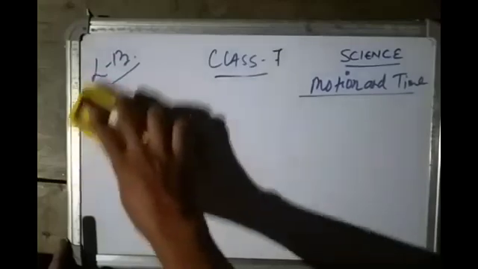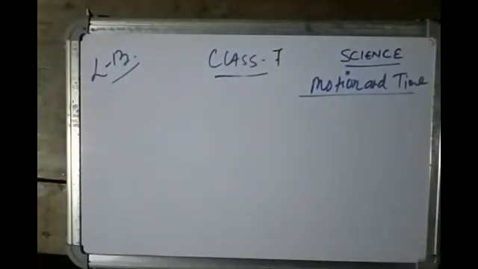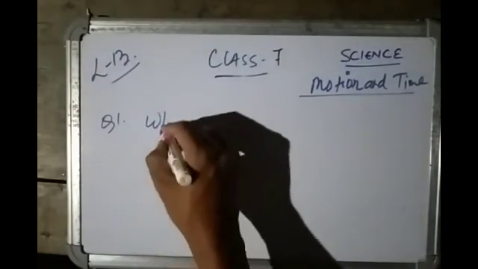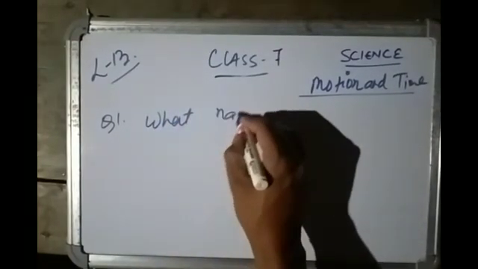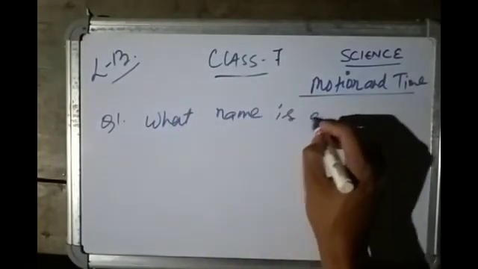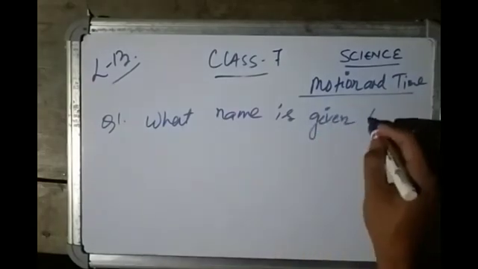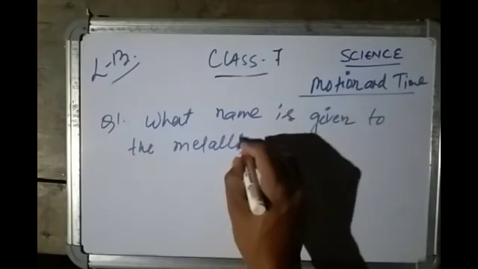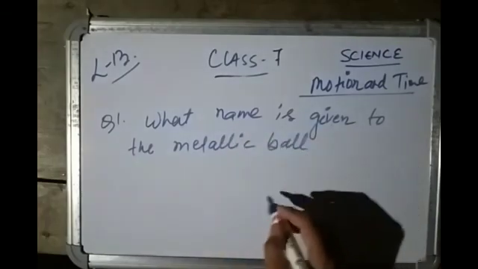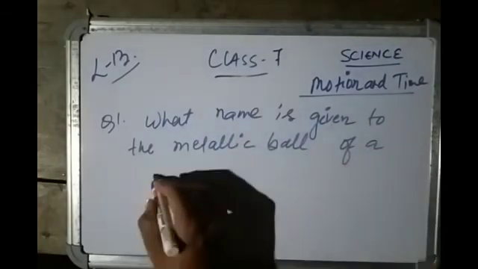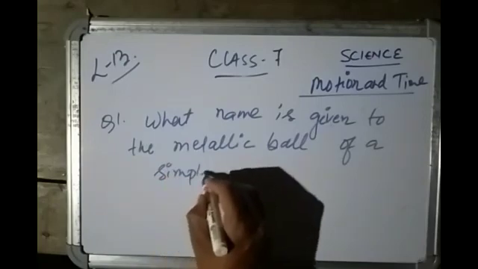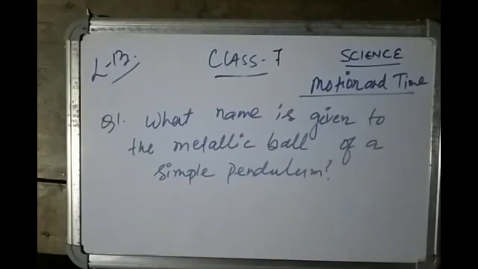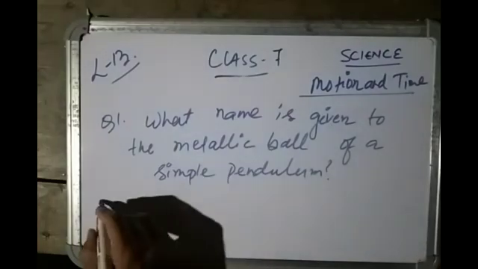So I'll write down some questions which will help you to check whether you have understood the topic or not. This is the evaluation. Question 1: What name is given to the metallic ball of a simple pendulum?